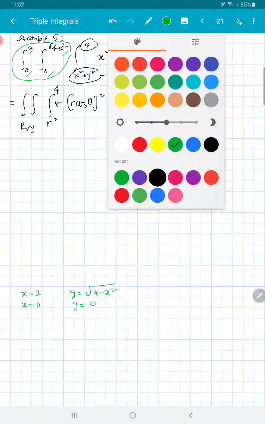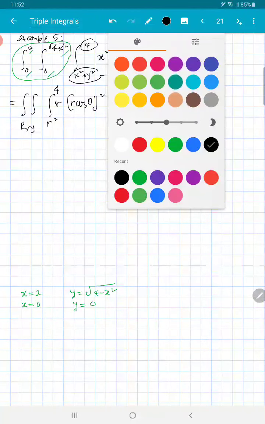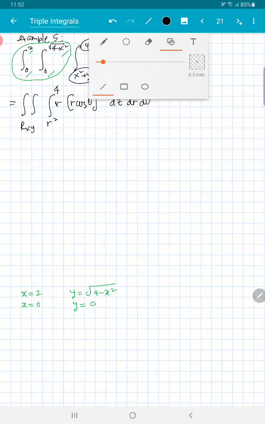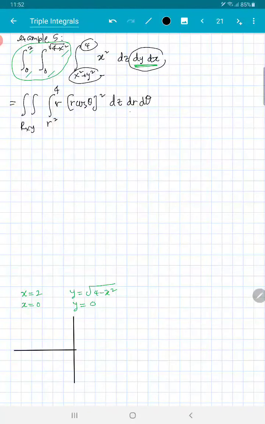Well, some of you can do this very quickly. Okay, so here we need to sketch the region R by using the upper and the lower limits for x and y.